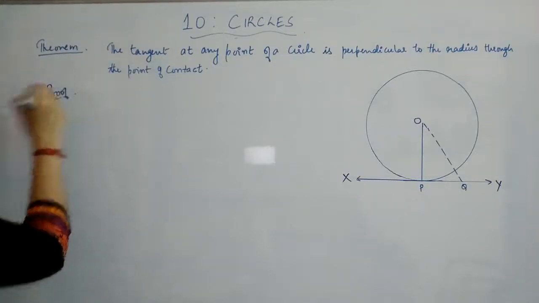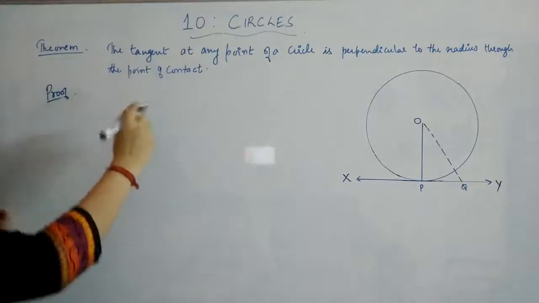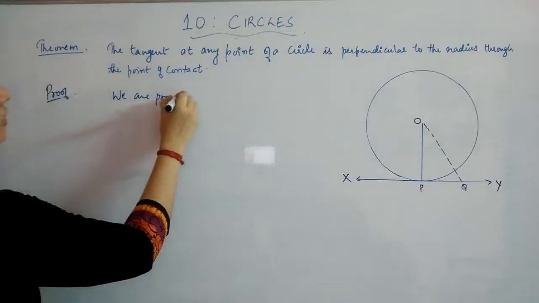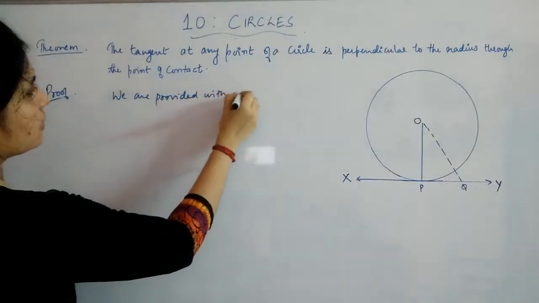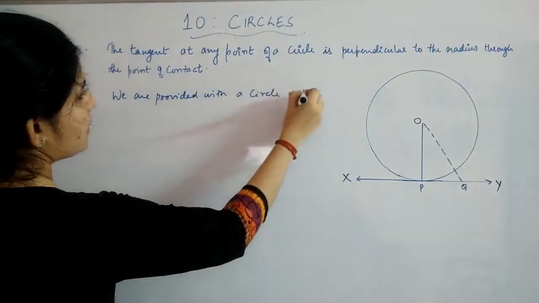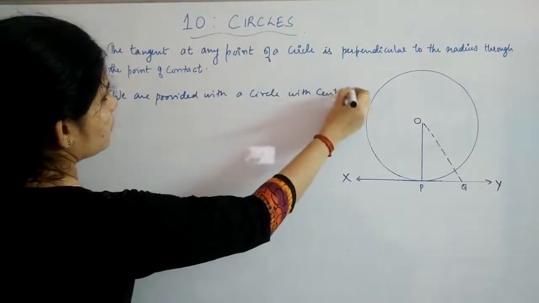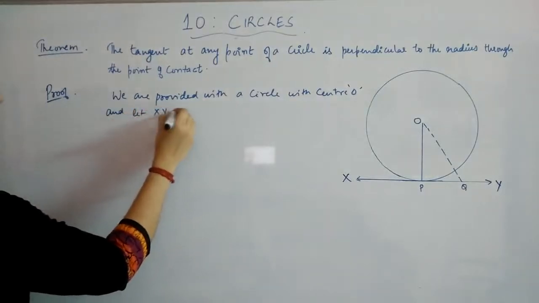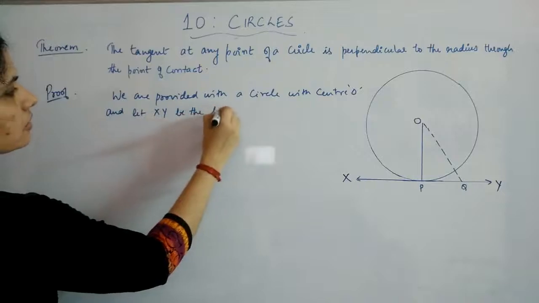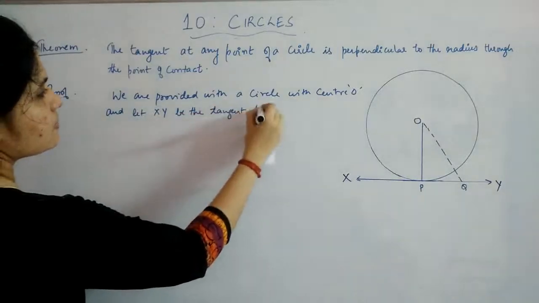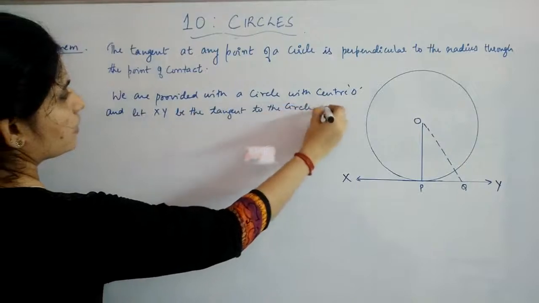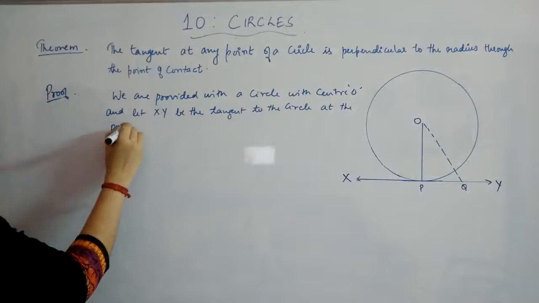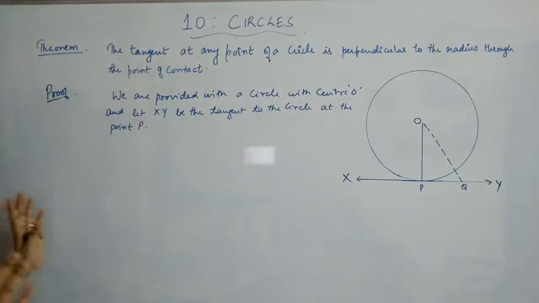For the proof, we start with a circle with center O, and let xy be the tangent to the circle at the point P, touching at the point P. Okay, this much is given to us, suppose.